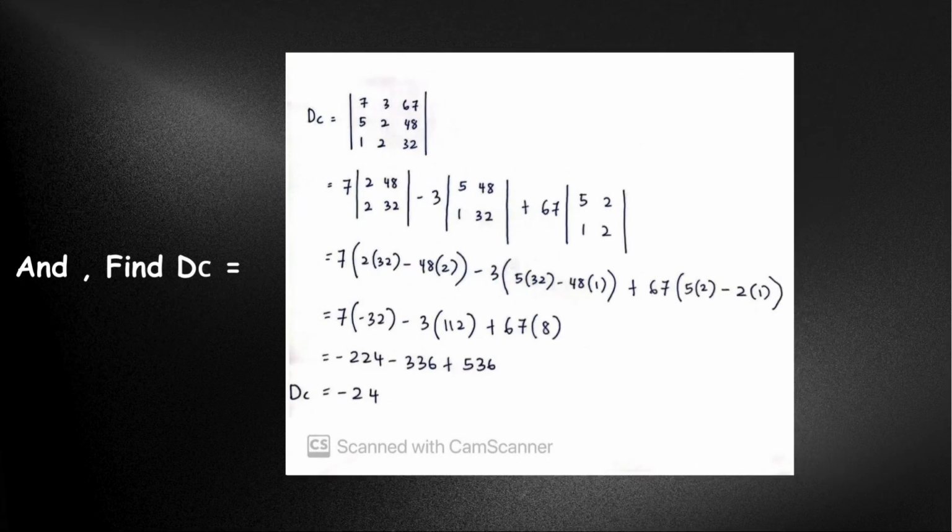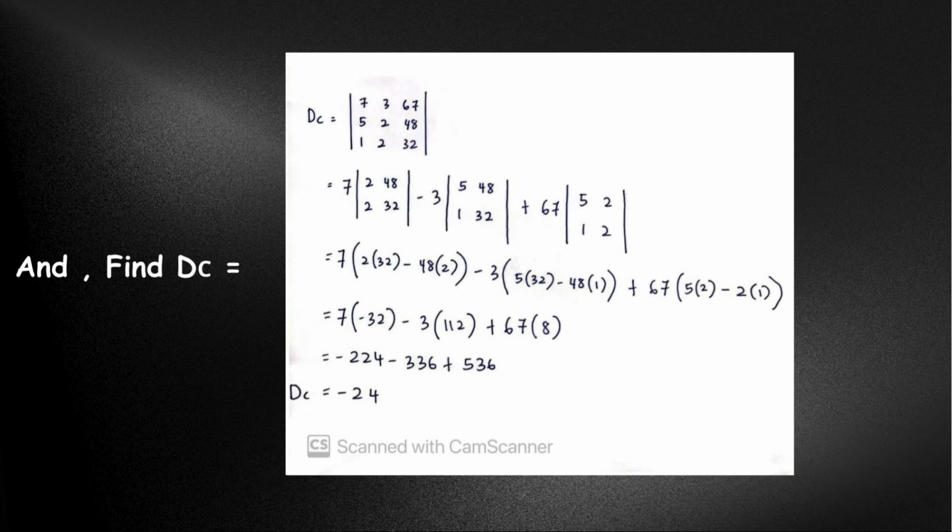And now we will find dC. dC equal 7, 3, 67, 5, 2, 48, 1, 2, 32, equal 7 times all in the bracket, which is 2 times 32 minus 48 times 2. Negative 3 times all in the bracket, which is 5 times 32 minus 48 times 1.